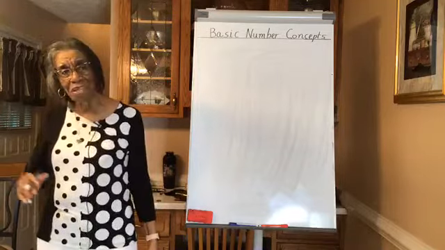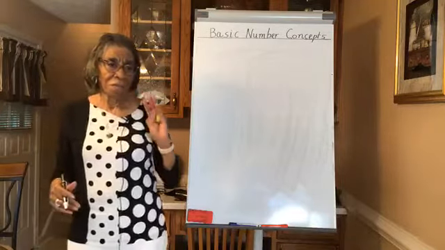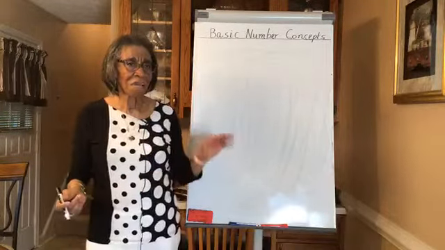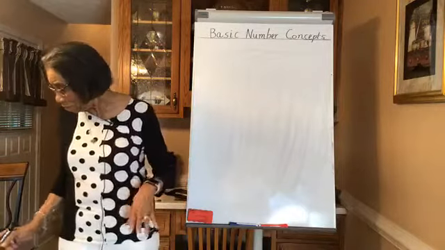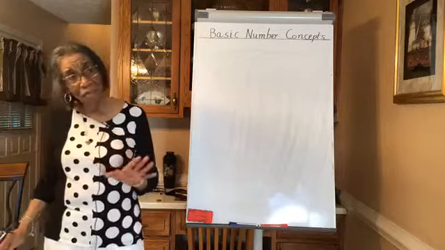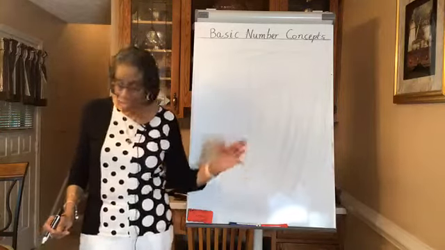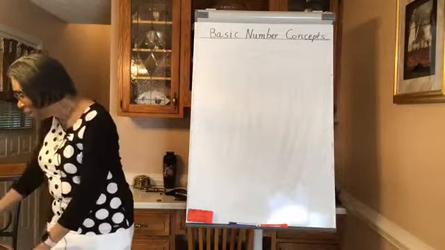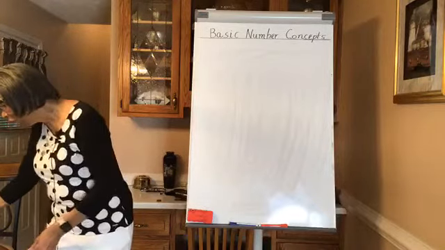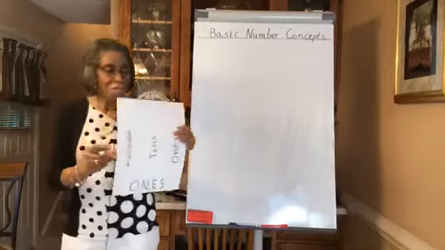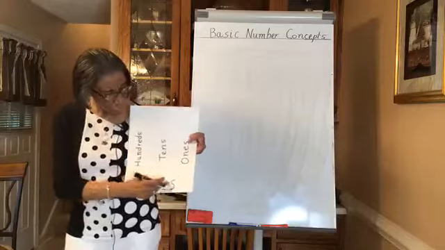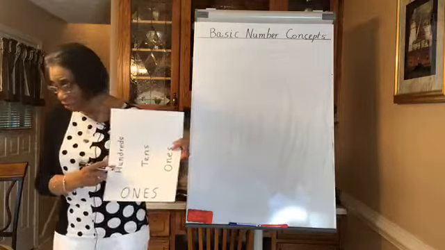Okay, so now that we know what the place value is, we have the ones family, the thousands family, the millions family, the billions family, the trillions family, and then we go on. But basically, we don't go with all of those. The ones family is composed of ones, tens, and hundreds.